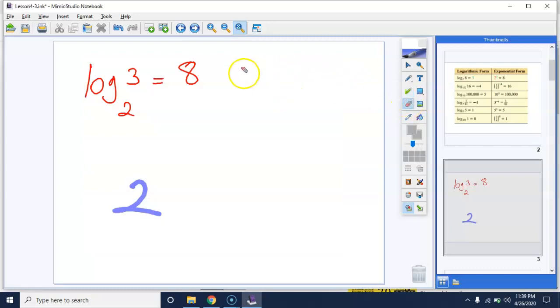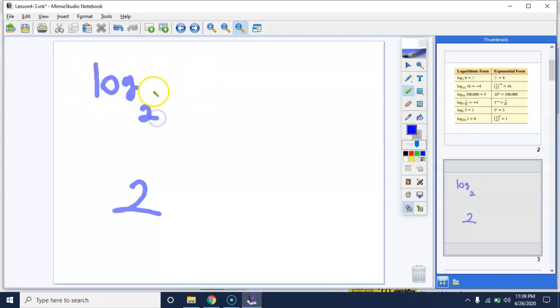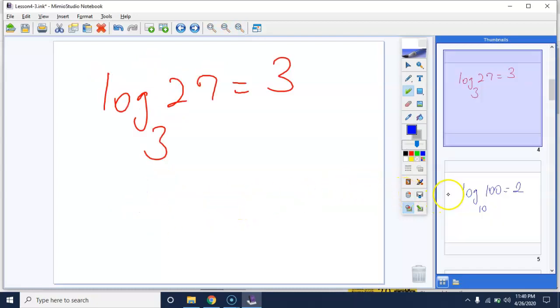Let me change the example. Let's say we have logarithm base 2 of 4 equals 2. Again, I'm going to take this 2 to the power 2, equal to 4. You can see that this makes sense: 2 squared is 4, so 4 equals 4. You can double check with that as well.